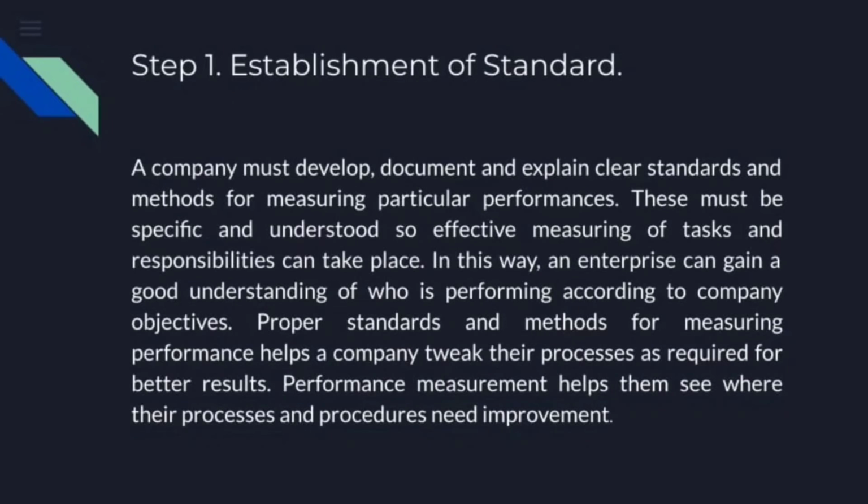In this way, an enterprise can gain a good understanding of who is performing according to company objectives. Proper standards and methods for measuring performance help a company tweak their process as required for better results. Performance measurement helps them see whether the process and procedure need improvement.